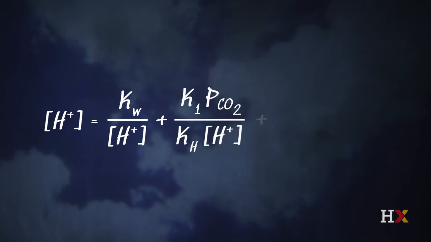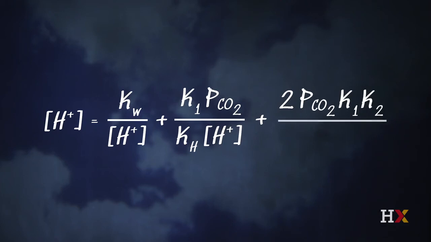And then we have one more term. That's the term representing our carbonate anion. And that term gives us 2 times the concentration of CO2 in the atmosphere times the first dissociation constant times the second dissociation constant divided by the Henry's law constant multiplied by the hydrogen ion concentration squared.